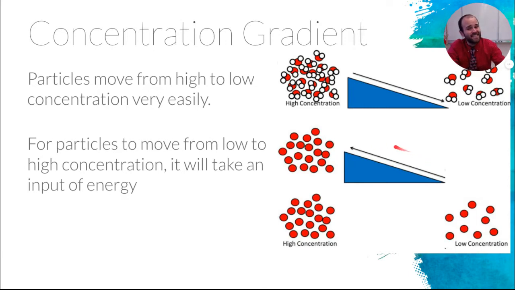And that is going to take energy. Anytime you've got to go up a concentration gradient, you got to put in some energy. You got to put in work. If you have a little bug trapped in your hand, that's a high concentration area. If you open your hands to the rest of the world, it's going to fly away. It's going to go towards where there's low concentration. And if you want to get that bug back in your hands, you're going to have to put in some energy to do it.